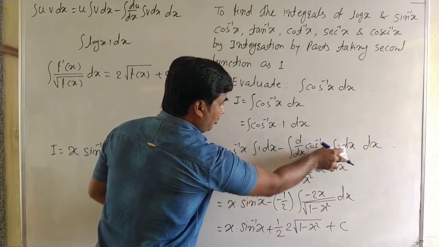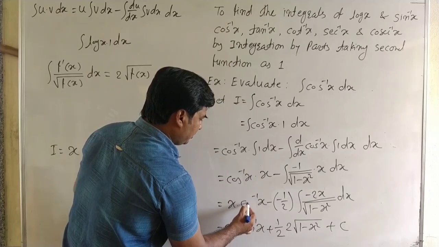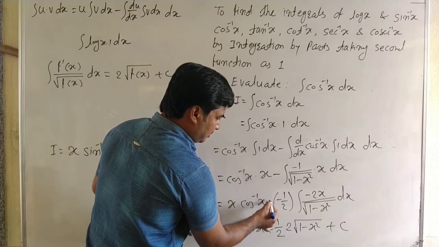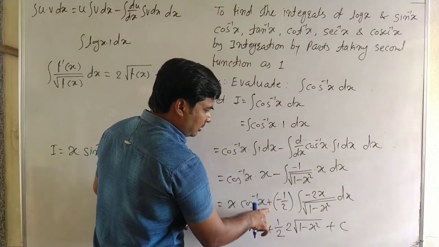Integral of 1 is x. Now we only replace sine inverse by cos inverse. This minus and this minus, we get plus.